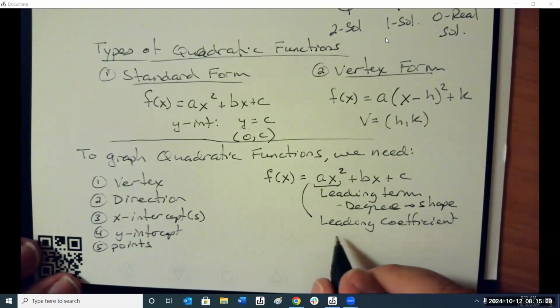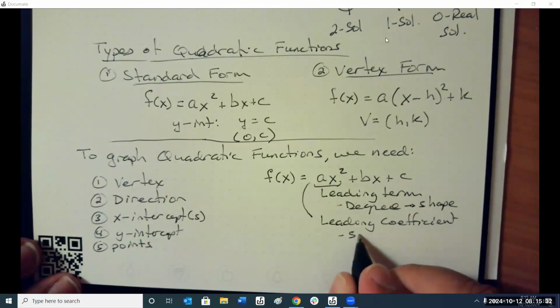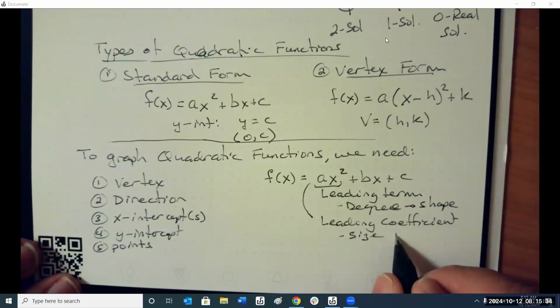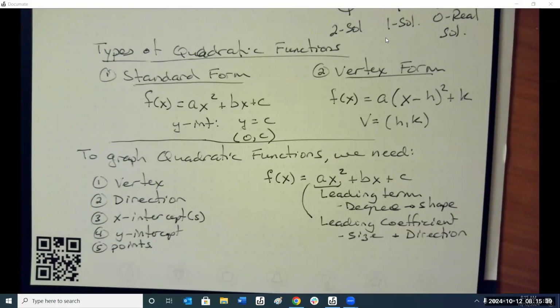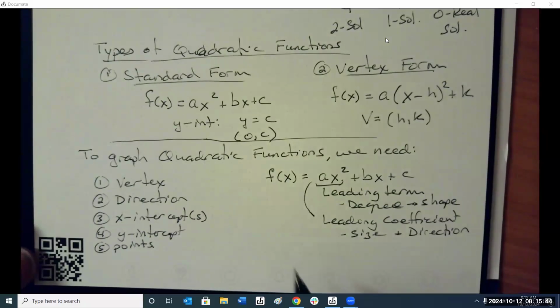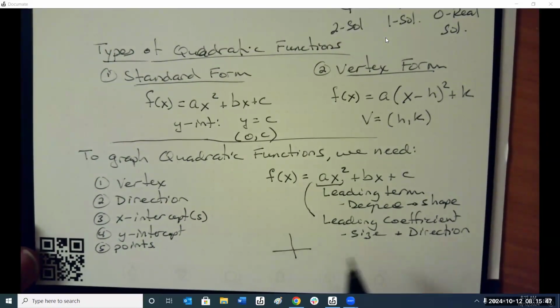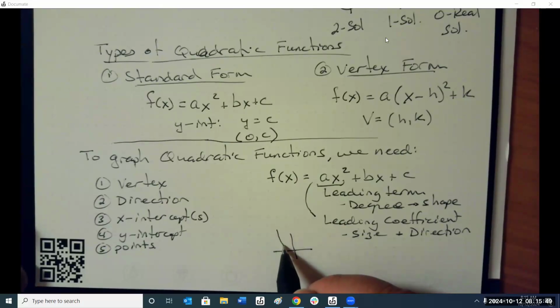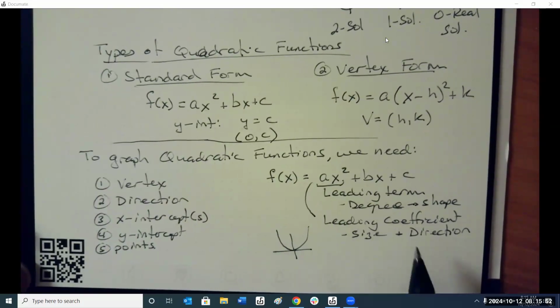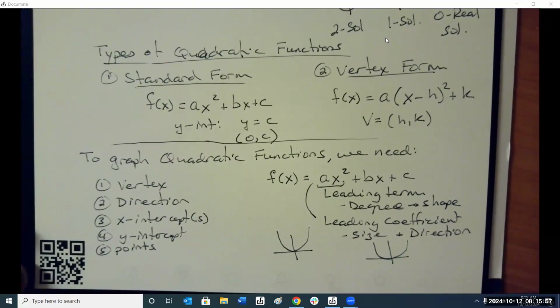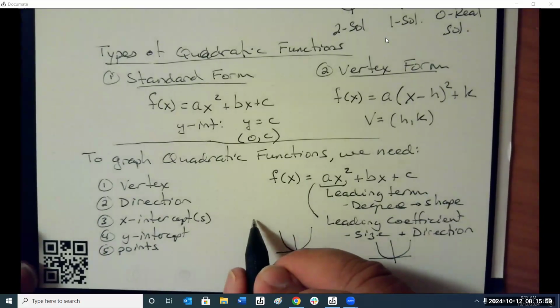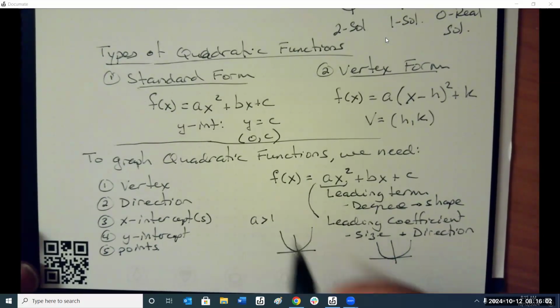It tells us the size and direction of the graph. What does that mean? Well, if these are regular quadratic equations, the graphs, x squared. If the absolute value of a is bigger than 1, then we know it's going to be skinny.